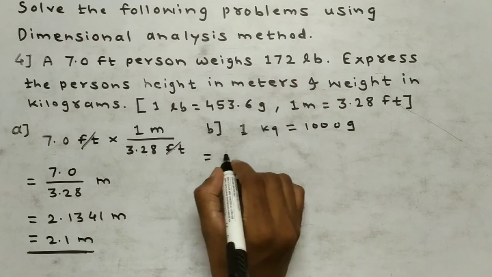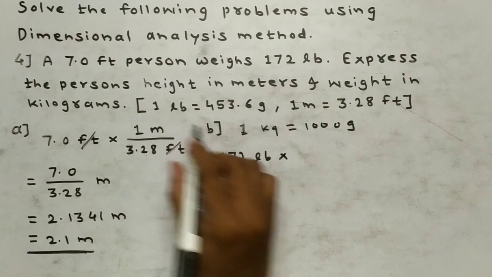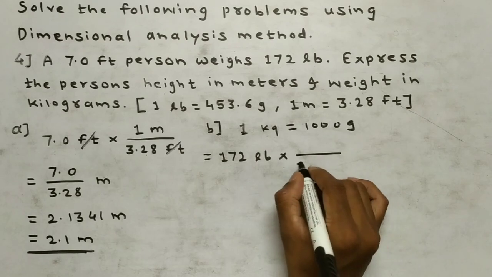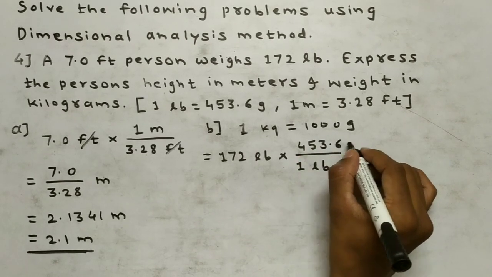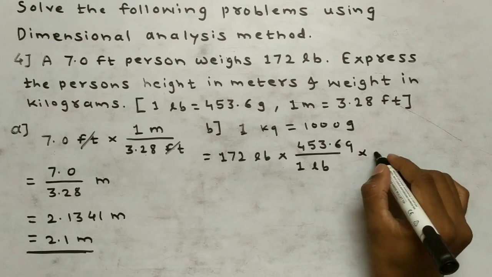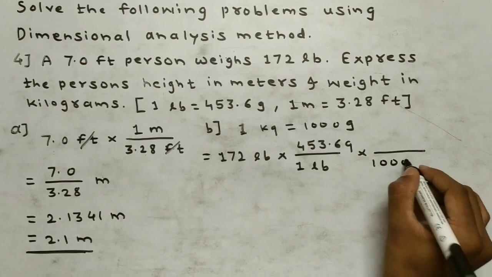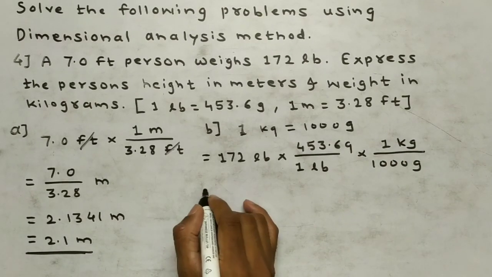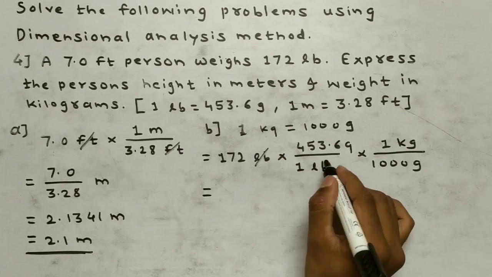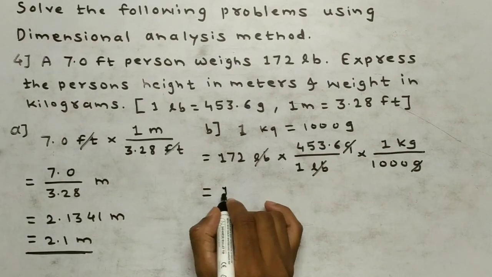So starting with 172 lb multiplied by, now this unit 1 lb, 453.6 grams multiplied by here, so this gram should get cancelled, so 1000 grams and 1 kilogram. Now this lb and lb will get cancelled, this gram and this gram will get cancelled.